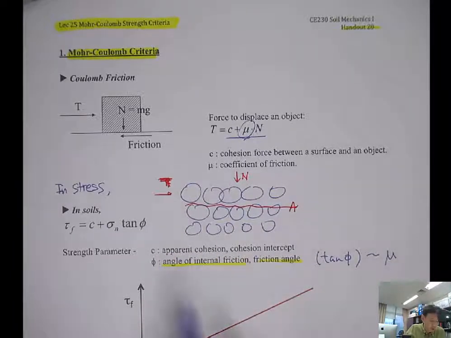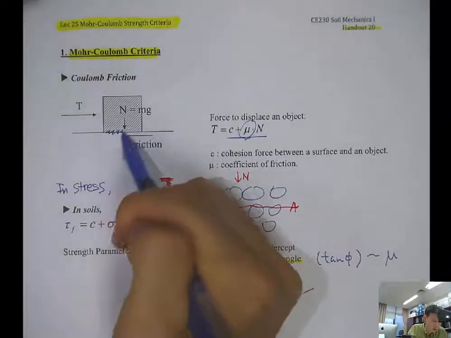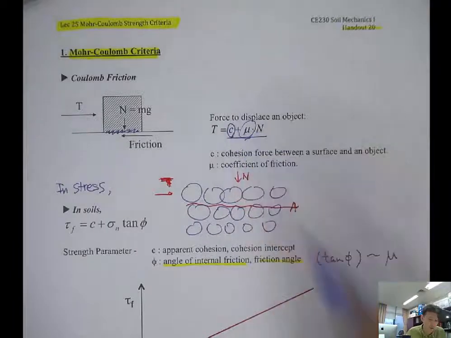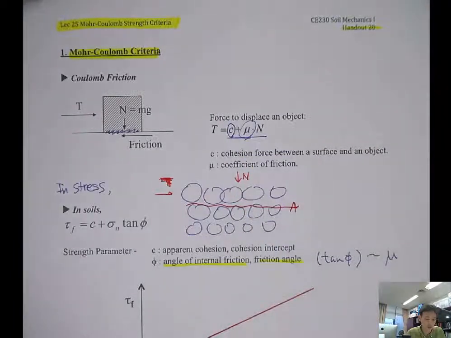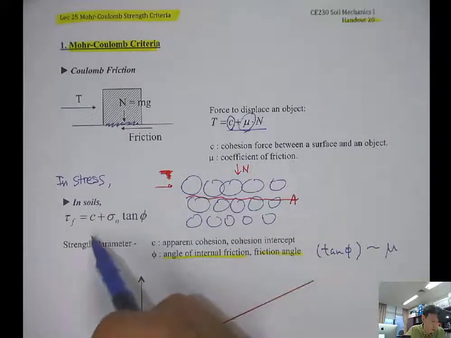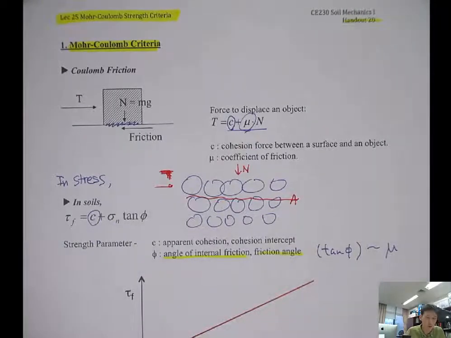Besides that, you also have the cohesion term. If there's some bonding force or adhesion between the surface and the object, it is expressed in this term C, the cohesion force between the surface and the object. We can adopt this concept in the Mohr-Coulomb criteria using the same symbol C, and we call it apparent cohesion or cohesion intercept.